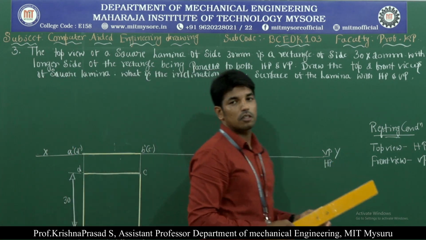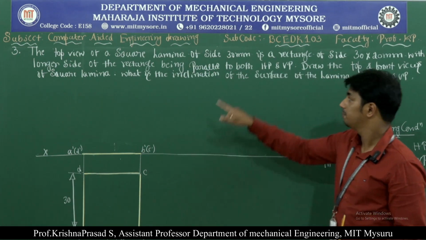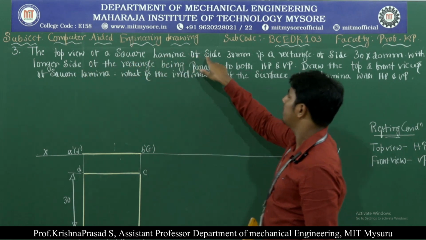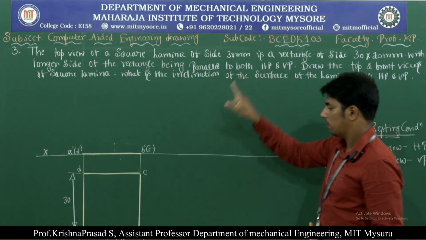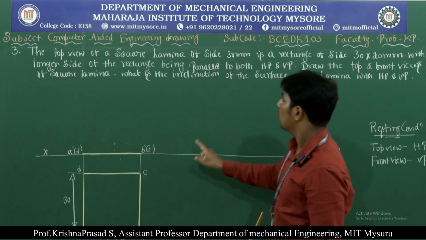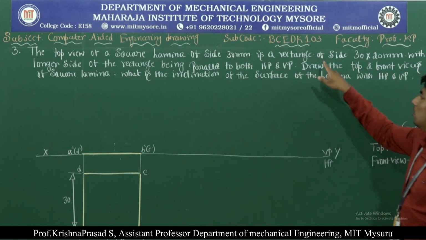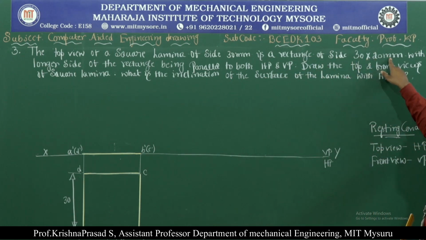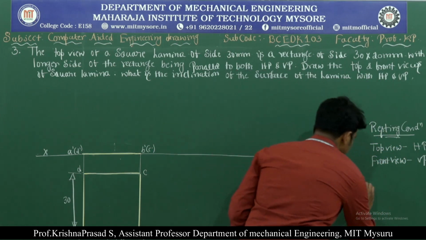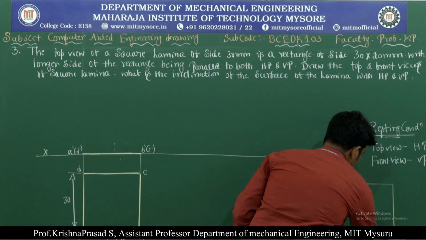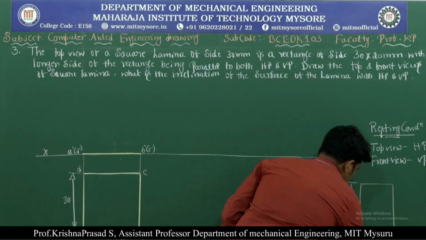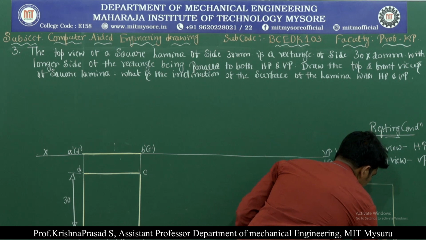Next we have to go for condition number 1. Here the top view of a square lamina of side 30 mm is a rectangle of side 30 into 20 mm. There are two types of rectangle we can draw. One is 30 and 20, that means this side is 30 and this side is 20.